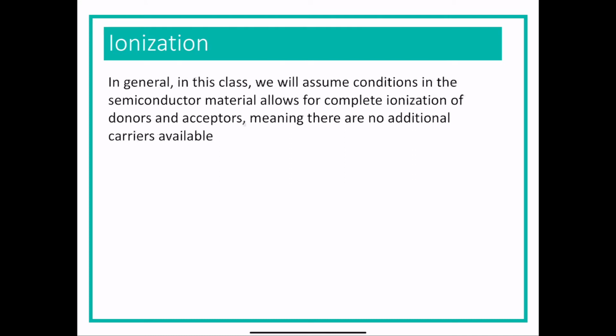So we will generally just assume that if you add donors, all of those donors are going to donate electrons. If you add acceptors, all of those acceptors are going to accept electrons and create holes. As long as we stay in that range of ionization, we're okay. Now I get into the messy stuff, but that's okay. You'll be fine.